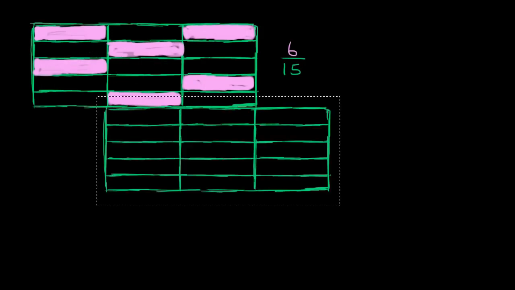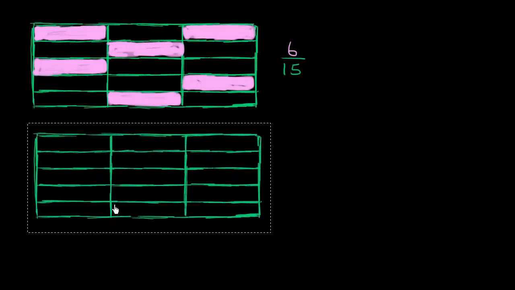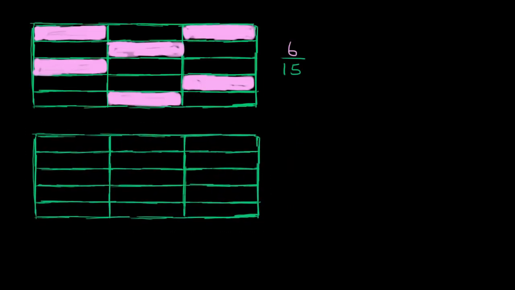So let me throw in another grid right over here, and let me attempt to shade in the rectangles as fast as possible. So that is one rectangle. I can make my thing even bigger.